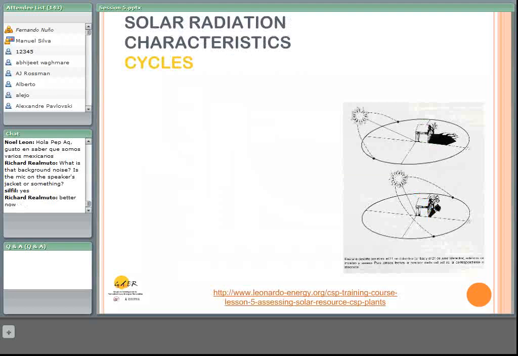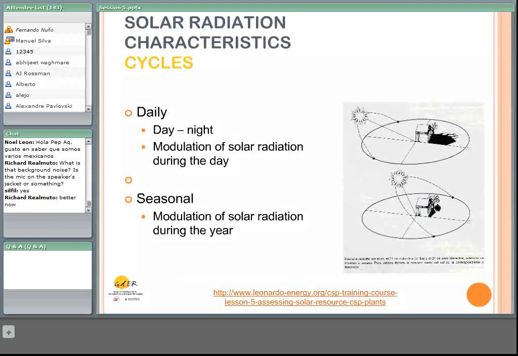On the other hand, the solar radiation, which is the resource, has some specific characteristics, like the different cycles, mainly the daily cycle and the seasonal cycle, which produce the day and night cycles and the modulation of solar radiation during the day and during the year.